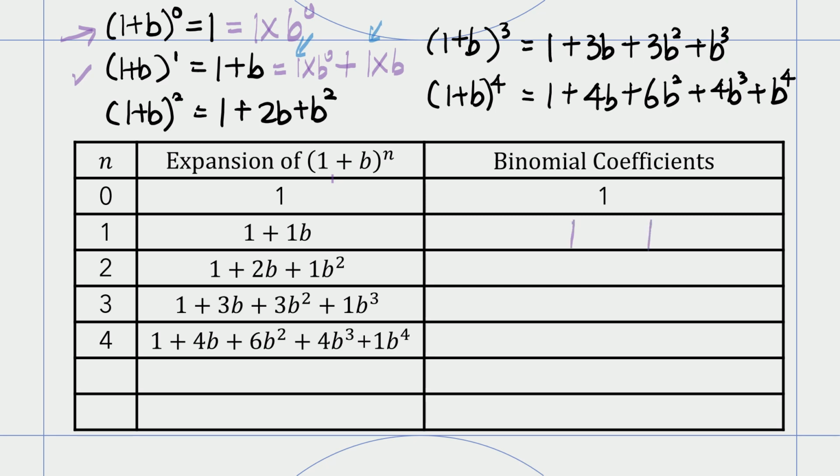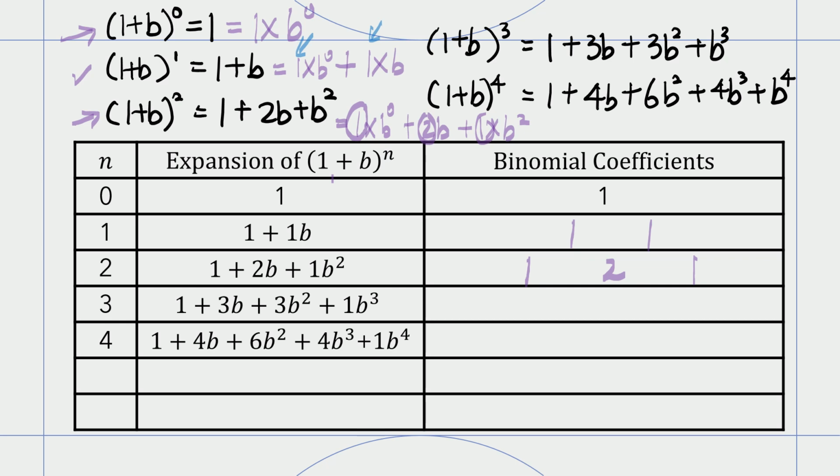Likewise, when n is equal to 2, you can write it as 1 times b to the power of 0, plus 2b, plus 1 times b to the power of 2. So where are the coefficients? It will be 1, followed by 2, followed by another 1.